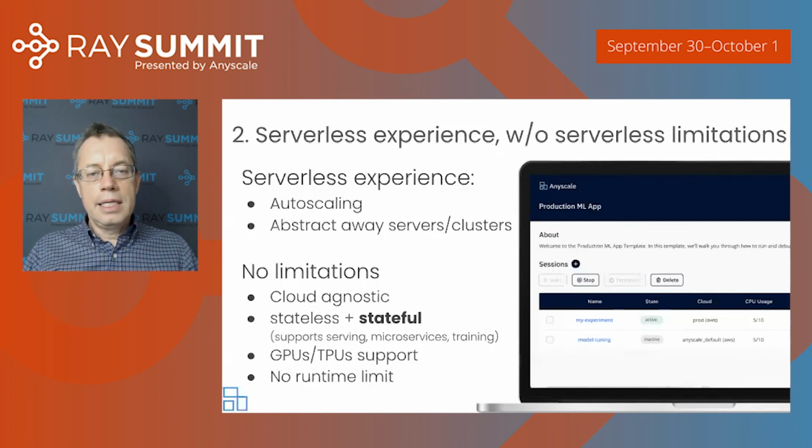Furthermore, Anyscale removes many of the limitations of today's serverless solutions. First, Ray is open source and thus cloud agnostic. Second, it supports stateful applications like serving and training. Lastly, it provides GPU and TPU support and has no runtime limitations.